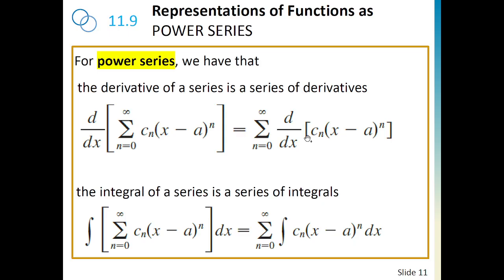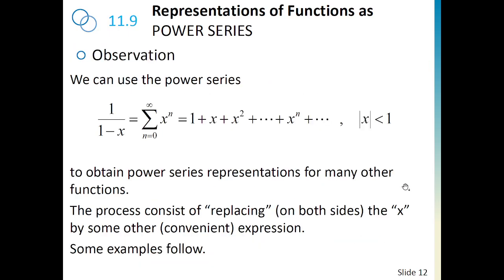So the major result for power series is that we can differentiate each power series term by term. So the derivative of the series is equal to the series of derivatives. And we can integrate term by term, which means the integral of the series is equal to the series of integrals. So we integrate the terms in x. We will see several examples of this.